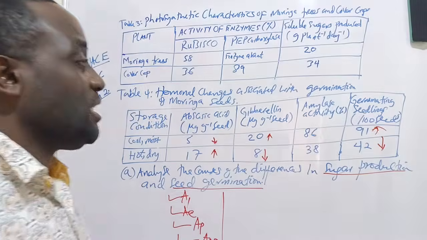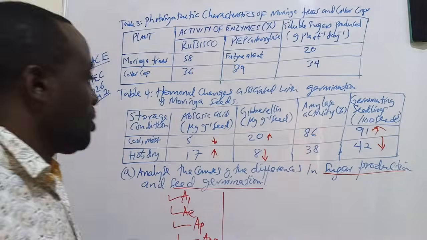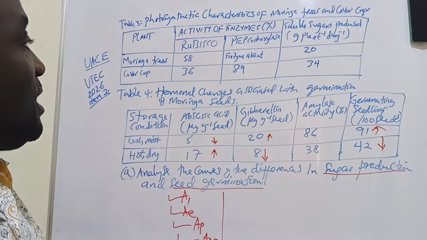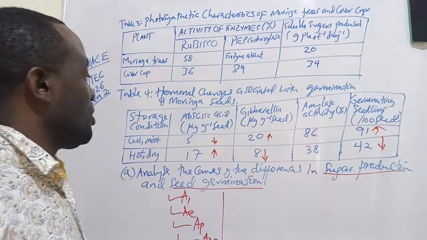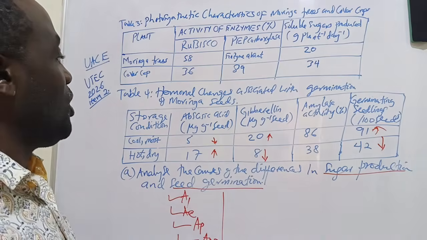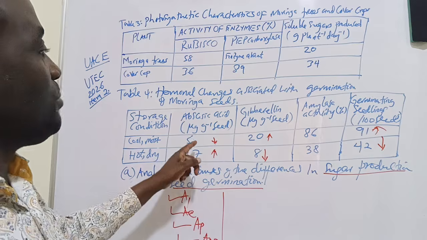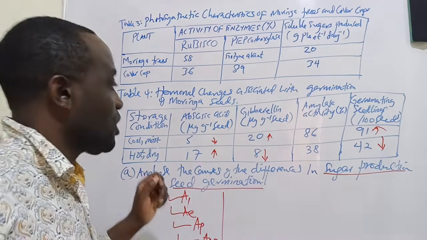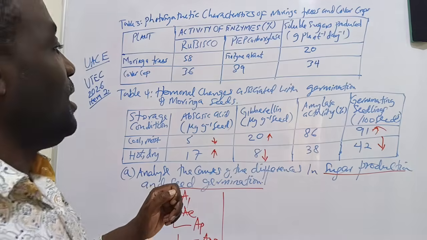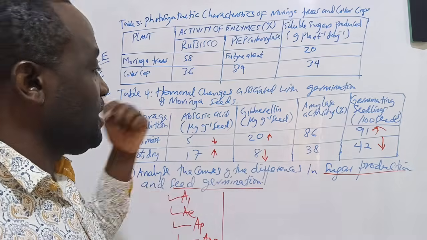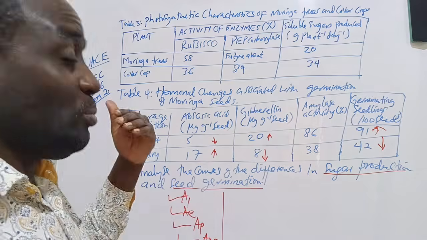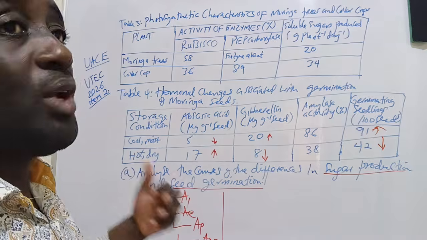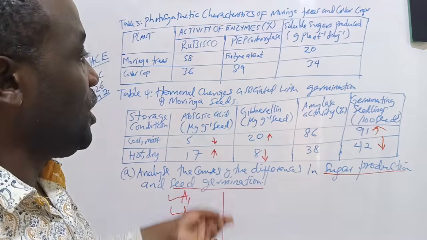Okay? Full stop. This is because under cool, moist conditions, abscisic acid concentration is low, in brackets 5 micrograms per gram seed, and hence its effect to prevent germination greatly reduces. Full stop.